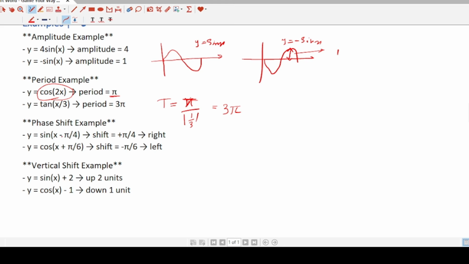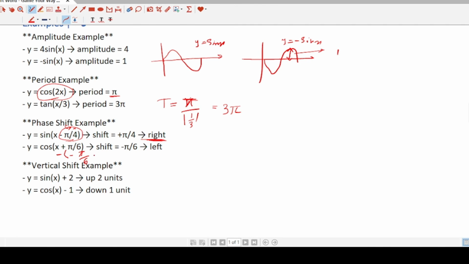In the next example, how much is the graph shifted forward or backward? Well, in this graph, c is positive, so it goes pi over 4 to the right. If it is cosine plus pi over 6, that means it was minus negative pi over 6.